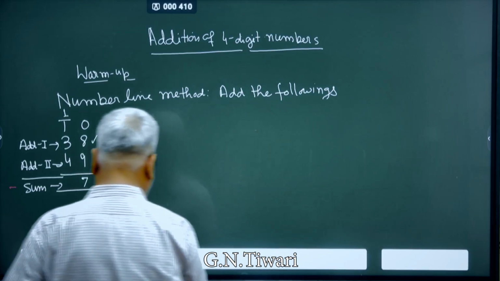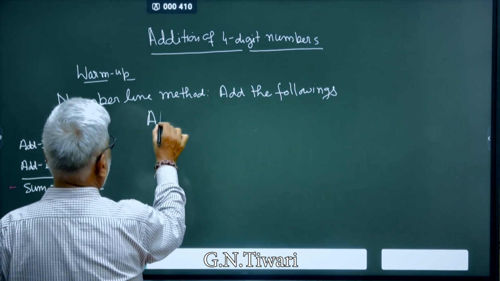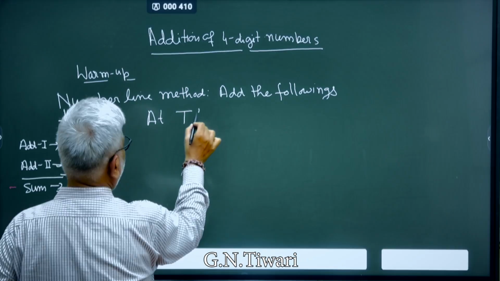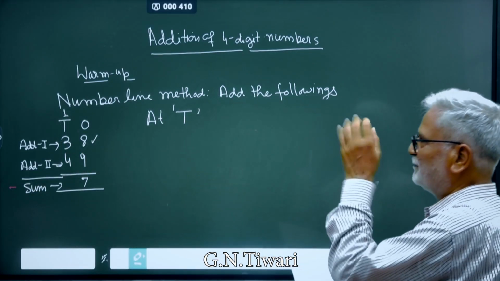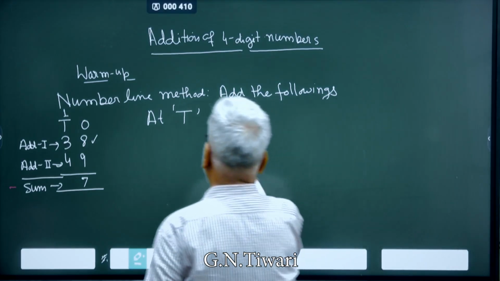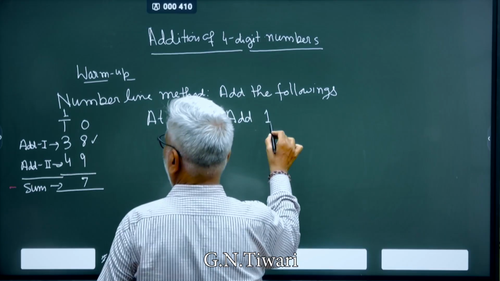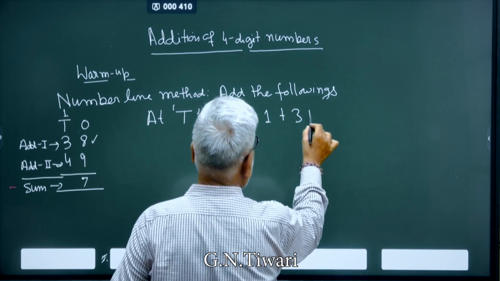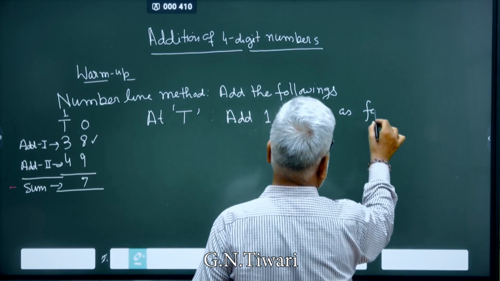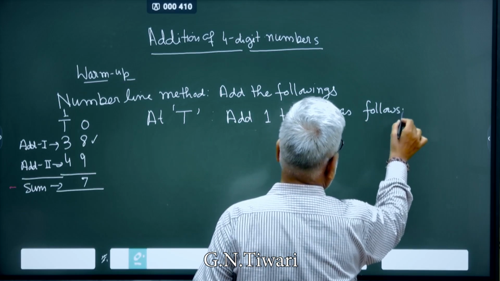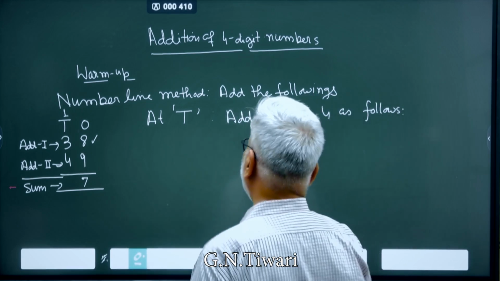अब देखिए, अब ये आपका जो है एट टी। अब इसमें नंबर लाइन में बताने की बहुत ज़्यादा जरूरत नहीं है, लेकिन but I will finally draw at one add 1 + 3 + 4 as follows. Just repeat the same thing. Draw the number line between 0 and 20.